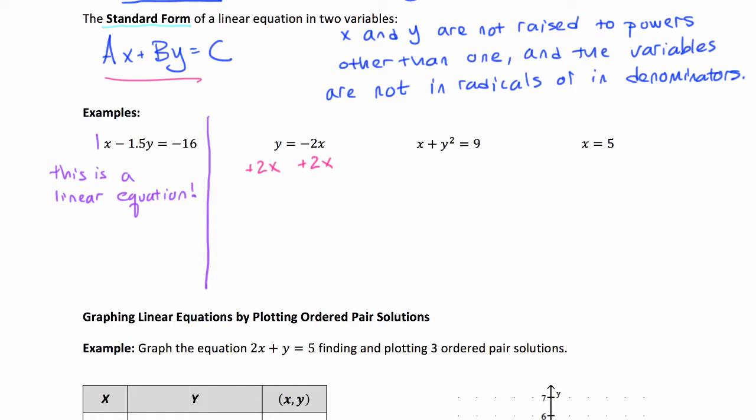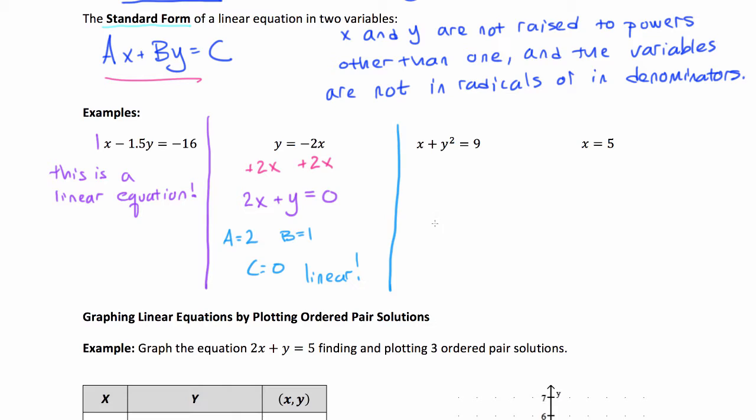And what I end up with then is this nice 2x plus y equals 0. And this now is in my standard form. And it's okay for c to equal 0. So what's happening here is I have a equals 2, b equals 1, and c equals 0. And this is linear.